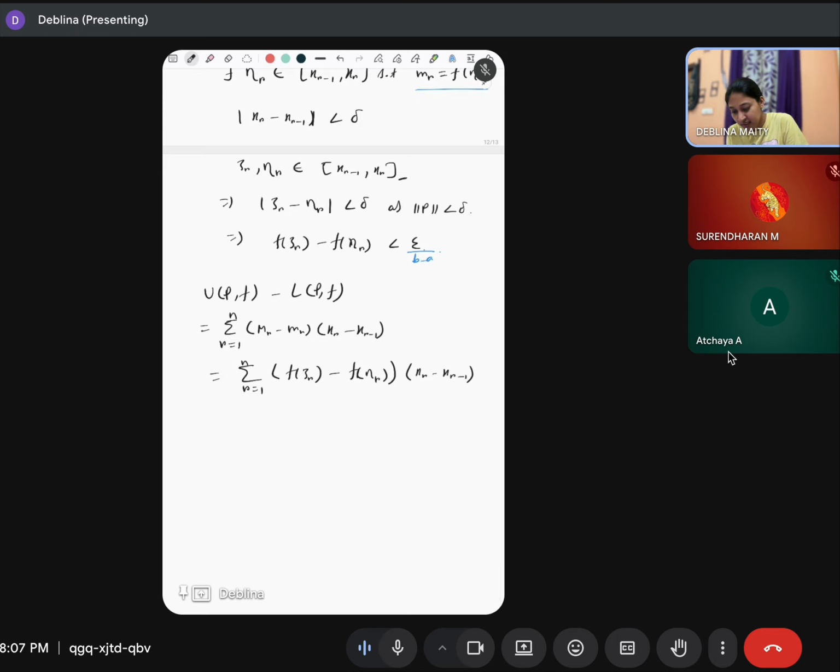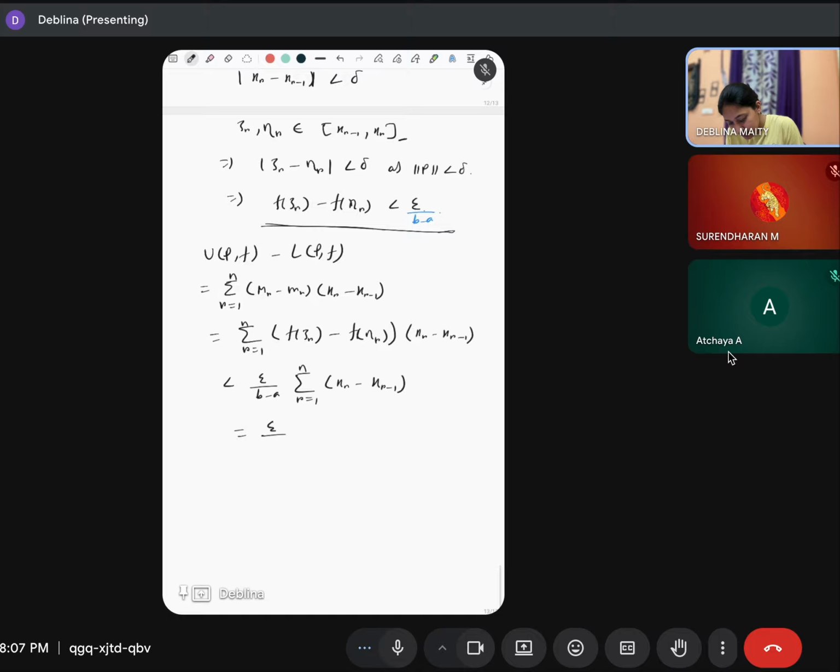So using this relation, we will have this less than epsilon by (b minus a) times the sum of (x_r minus x_{r-1}). Now what is this value? This is x_1 minus x_0 and so on.